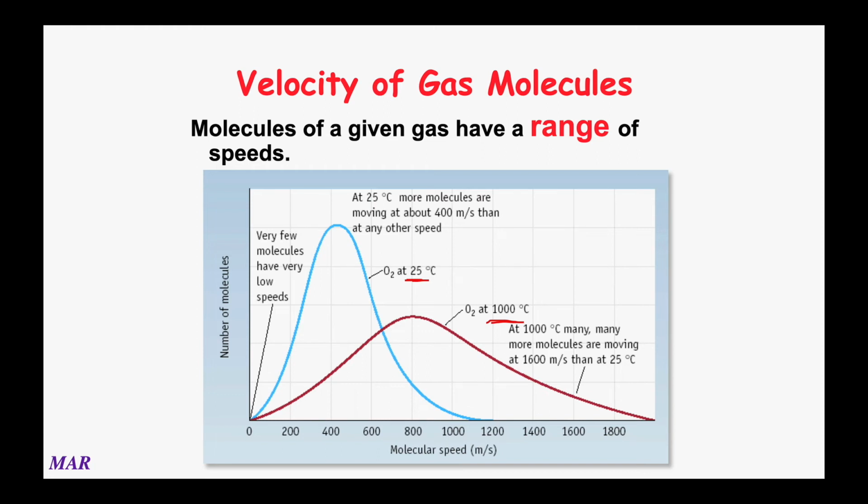So you can see at the blue gas, the cold gas, the average gas speed is right there. It's 400-ish meters per second. On the other hand, at 1,000 degrees Celsius, you can see that the average speed for the O2 is closer to 800 meters per second. So as we increase the temperature, the average speed went up as well.